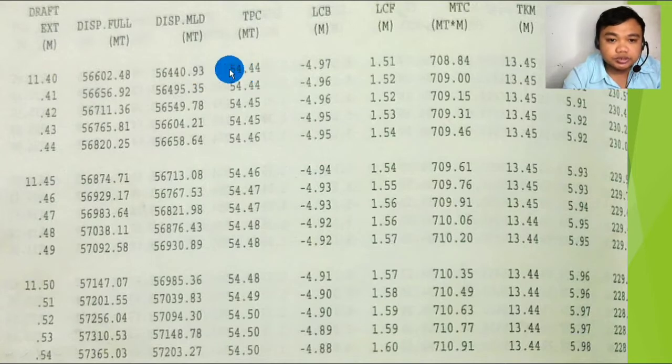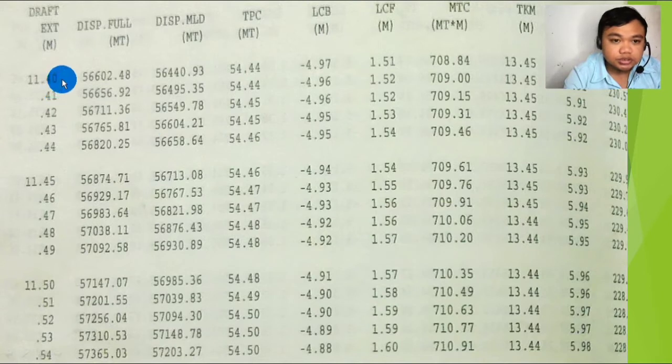This is the hydrostatic table, but this is not the complete one with complete details, but at least we have here a picture. So as you can see here, we have the mean draft and we have the equivalent values for the displacement in tons and the displacement in volume, and we have also the tons per centimeter immersion, TPC, then LCB, LCF, MTC, and so on.